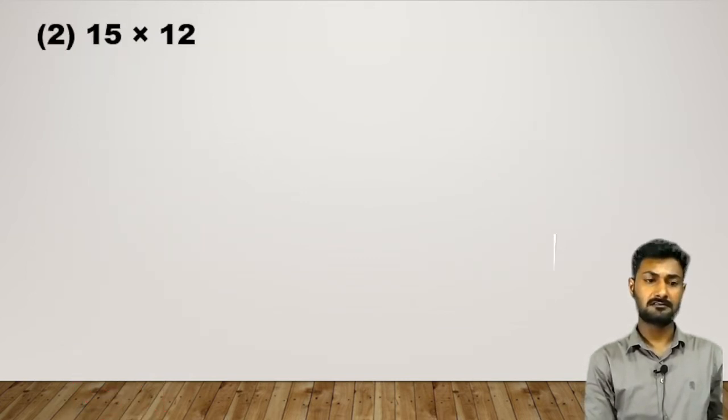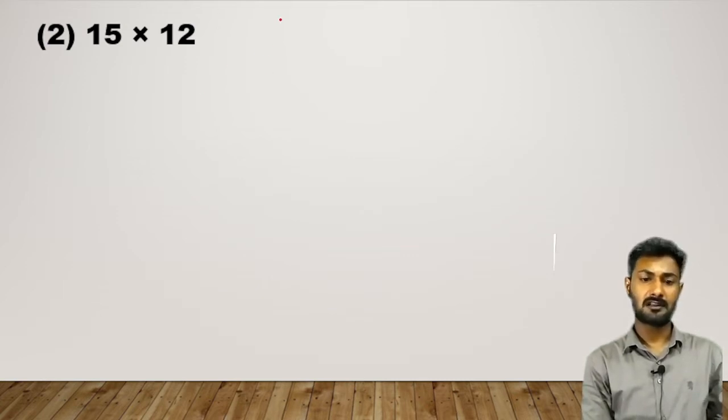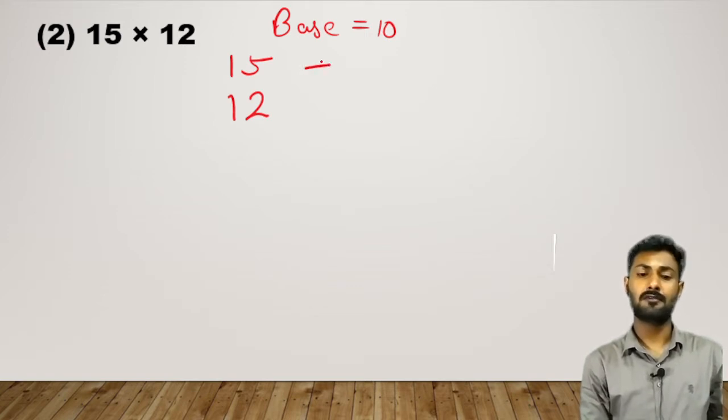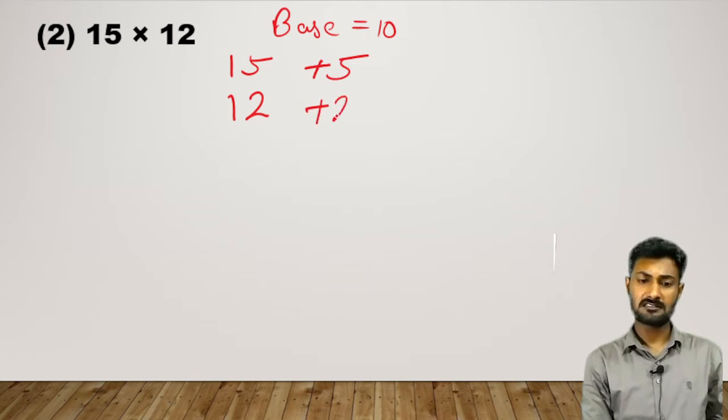The next question is 15 multiplied by 12. Base is the same, base is equal to 10. Now 15 and 12. How do we write the deviation? Deviation of 15 is plus 5 and deviation of 12 is plus 2.